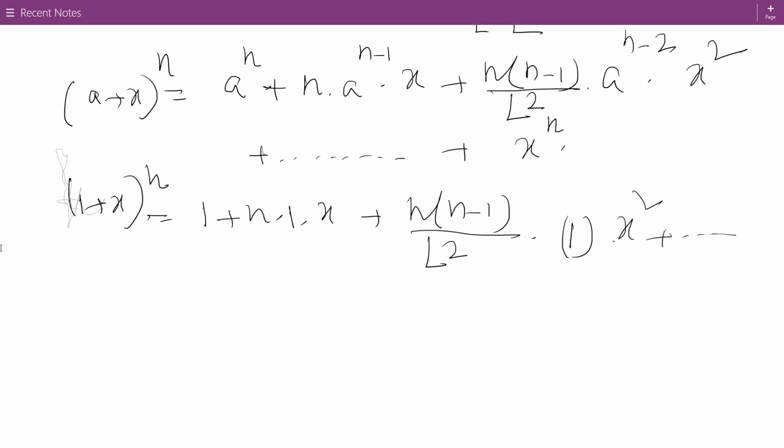If the value of x is small, then you write only these three terms. That means you write 1 plus nx plus n into n minus 1 by 2 x square and so on. You remember these first three terms.